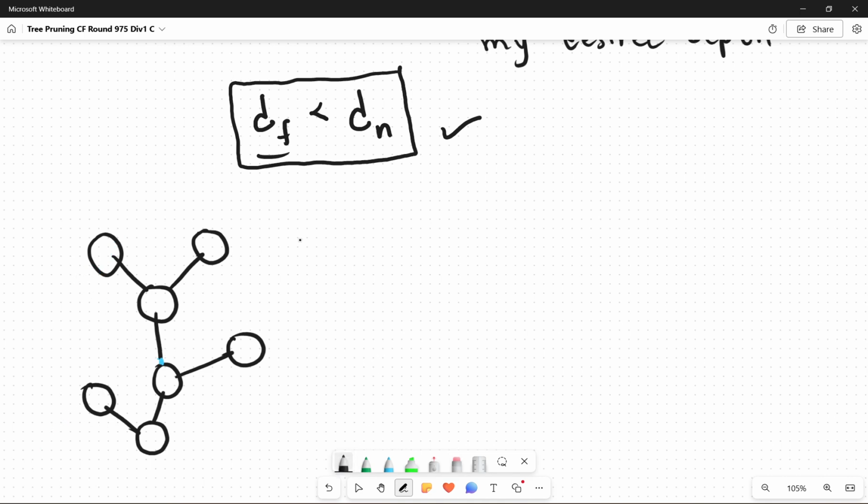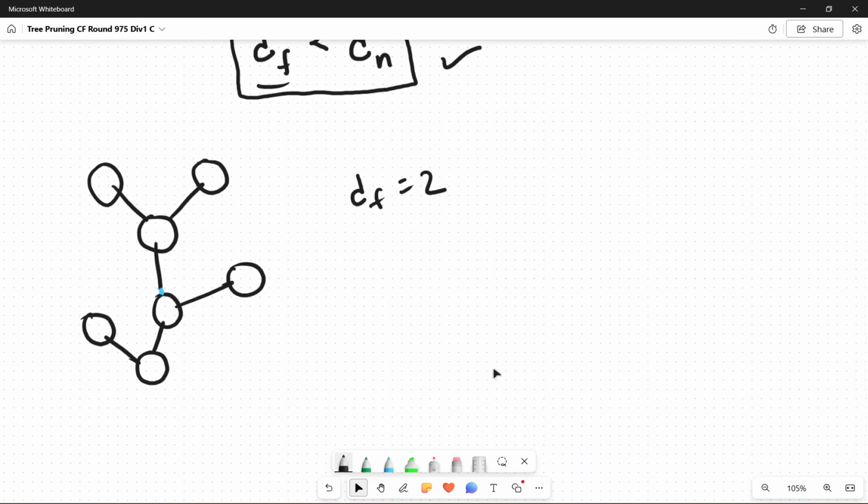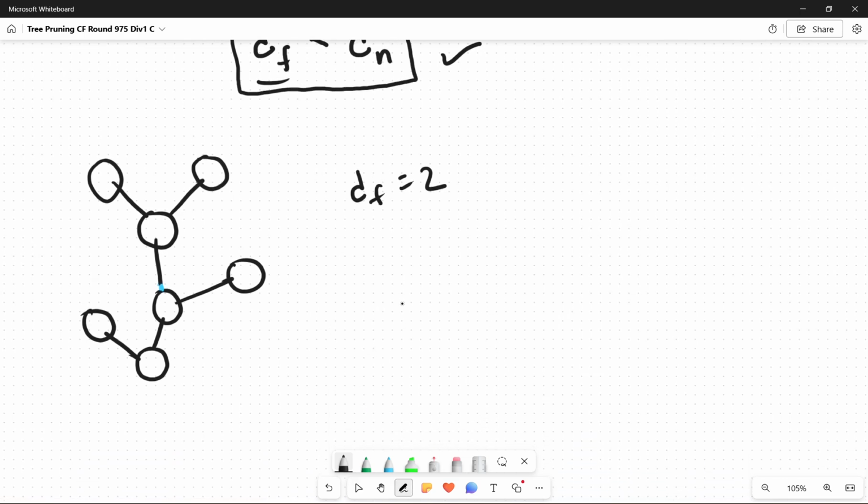Okay, so if I want to select my df as 2 now, in the previous case we took df as 1 and arrived at observation number 1. If I take final depth as 2, I want to preserve these nodes, this thing and this thing.